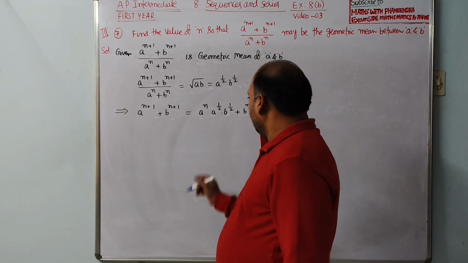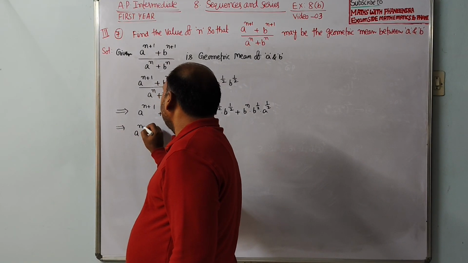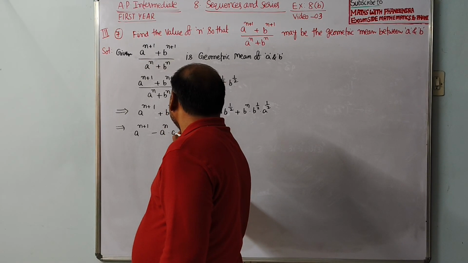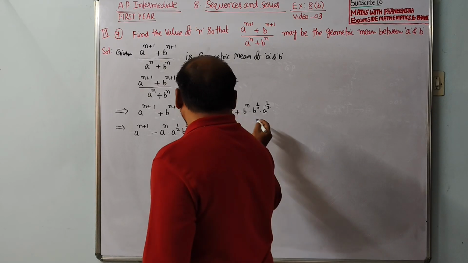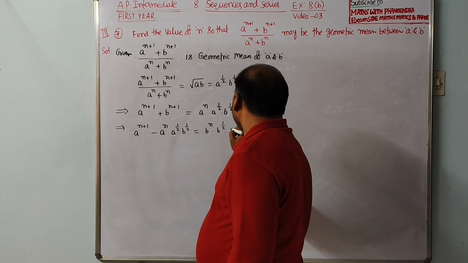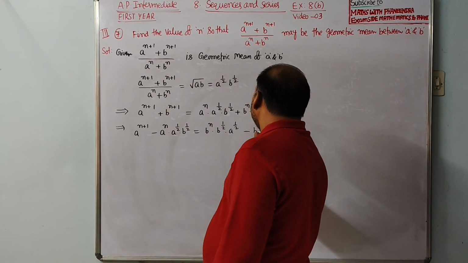Okay, this value bring this side: A power n plus 1 minus A power n into A power 1 by 2 into B power 1 by 2 is equal to B power n into B power 1 by 2 into A power 1 by 2, and B power n plus 1 brought this side as minus B power n plus 1.